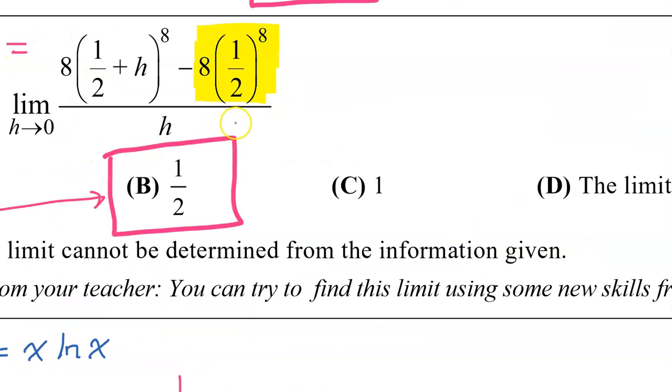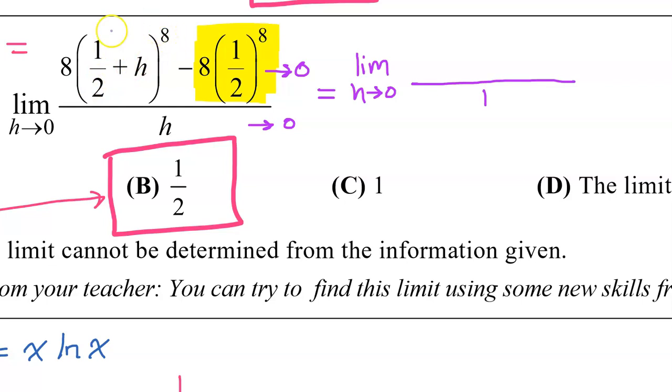Here is another way you could have solved the problem, and I'll let you decide which way you prefer. Since the numerator and denominator are both approaching 0 as h approaches 0, we are allowed to use L'Hopital's rule, which says that we can take the derivative of the numerator and denominator without changing the limit. I am taking the derivative with respect to h. So the derivative of the denominator is 1, and we will have to use the chain rule for this first part.